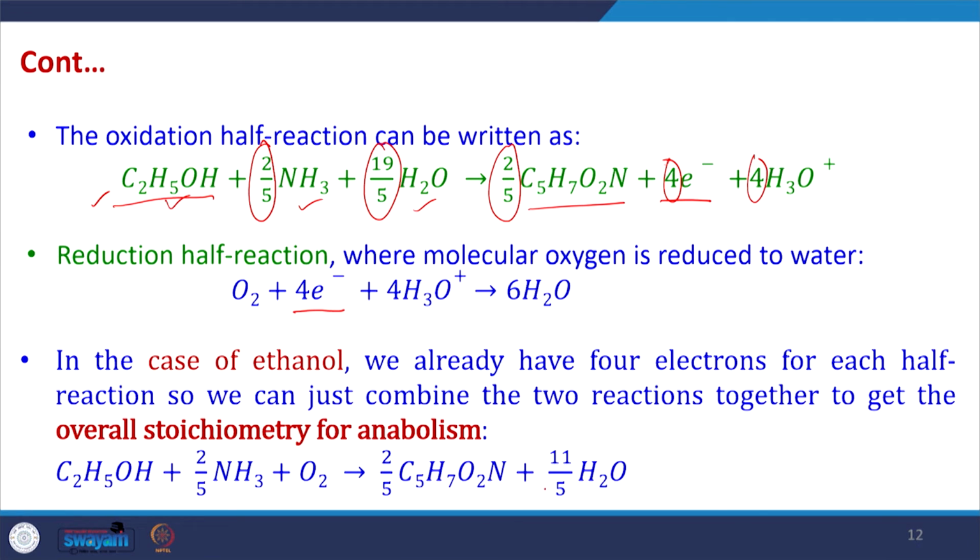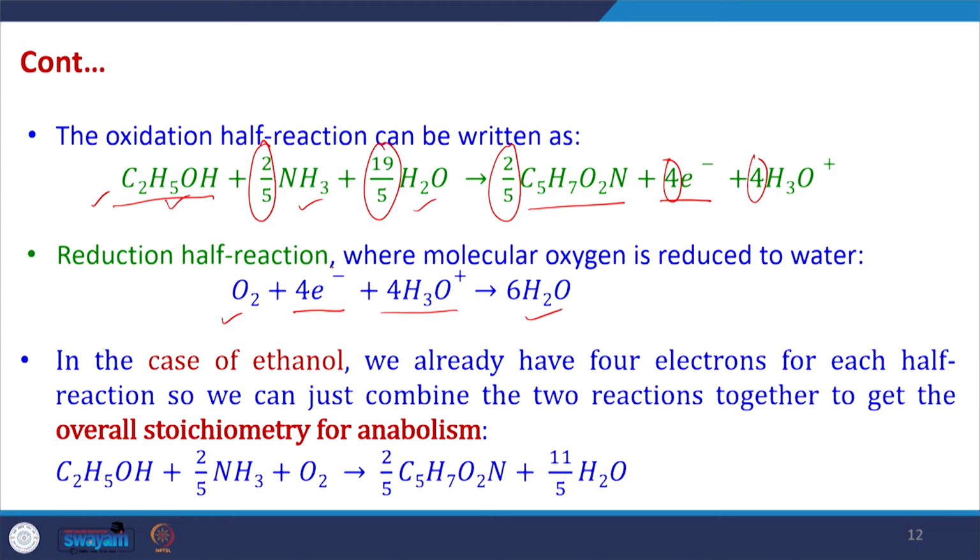Now, similarly, the oxidation reduction half reaction where molecular oxygen is reduced to water is given here. So, oxygen is reduced to water via this particular reaction, and the reaction is written here. Now, for the case of ethanol, we already have 4 electrons for each half reaction. So, we need not multiply together.